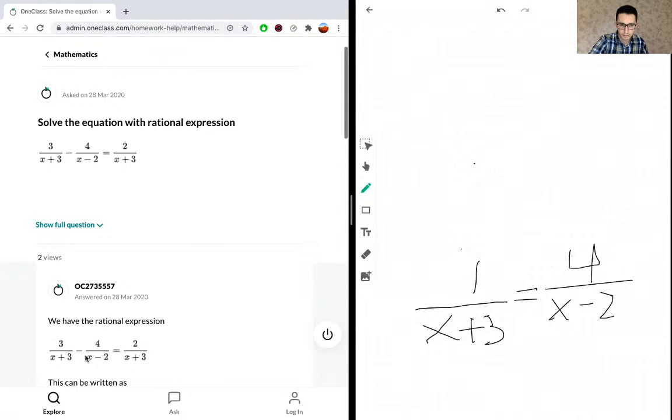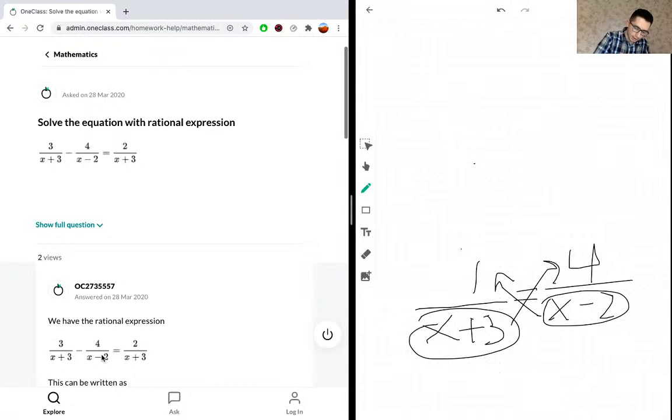We just rearranged. And now we can multiply this over here, and this over here, and end up with x minus 2. So we're essentially multiplying x minus 2 by both sides of the equation, similarly for x plus 3.